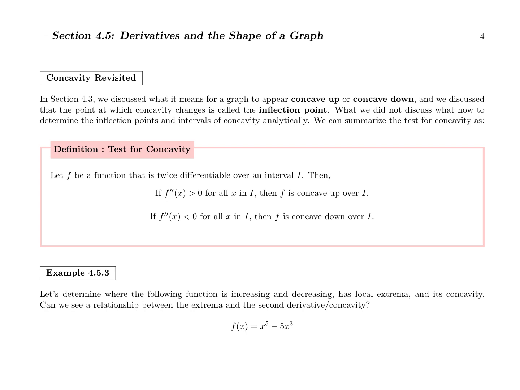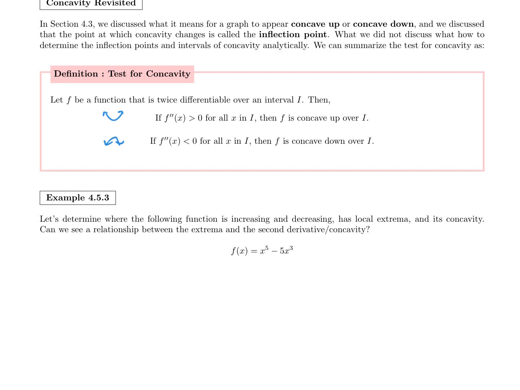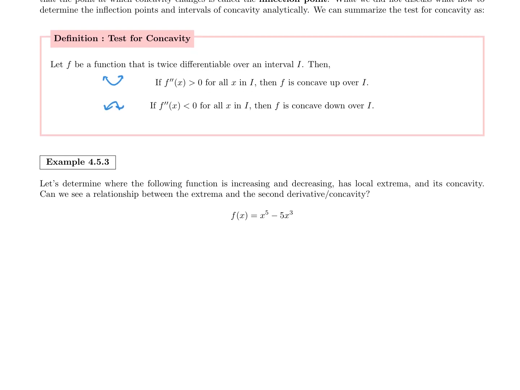If we let f be a function that is twice differentiable over an interval I, then if our second derivative is positive for all values of x in that interval, then f is concave up. So if our second derivative is positive, then our function is concave up. If our second derivative is negative on that interval, our function f is concave down. So even a little easier to remember than our increasing and decreasing.